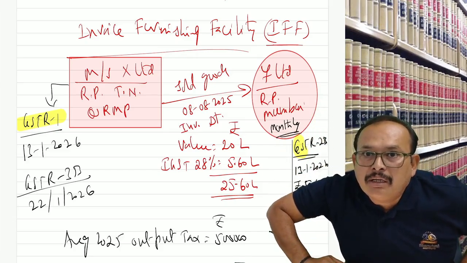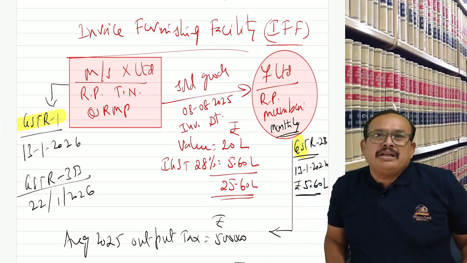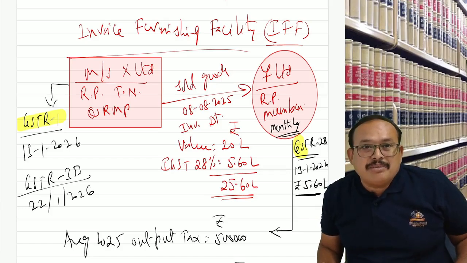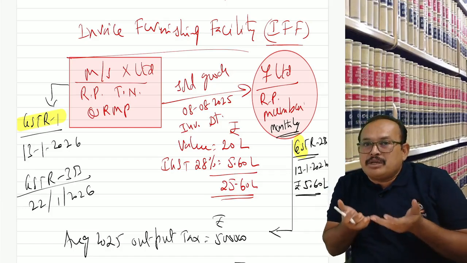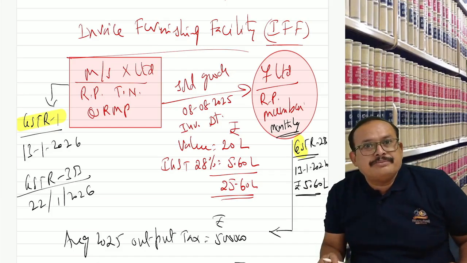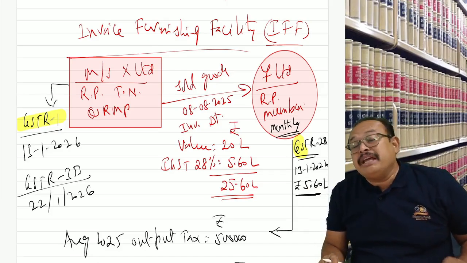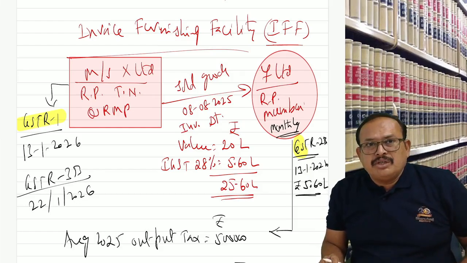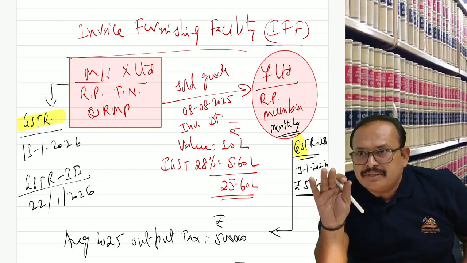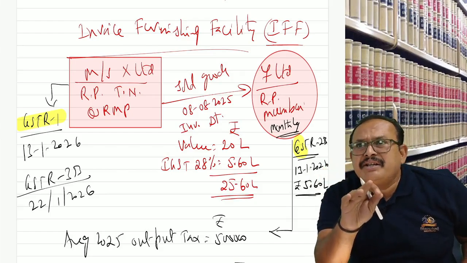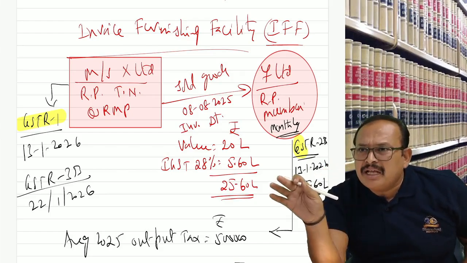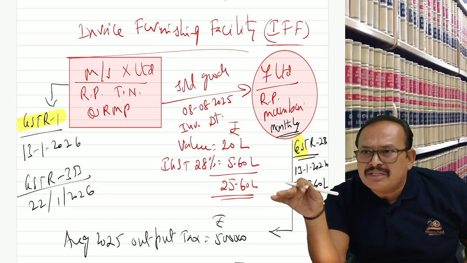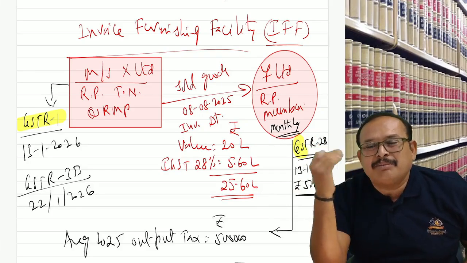Correct? Then Y Limited is not willing to buy the goods from X Limited. So X Limited, coming under QRMP, is losing the business. Therefore, law permitted: hey, supplier, if it is your will and wish, you want to pass the credit to your buyer in the same month in which you supply the goods or services? Yes, sir, because the buyer is important for me.